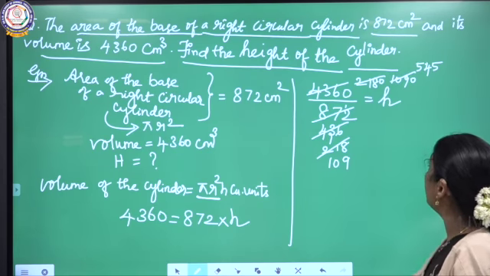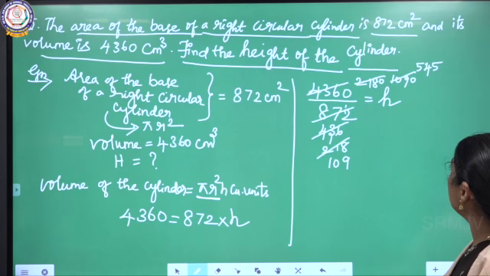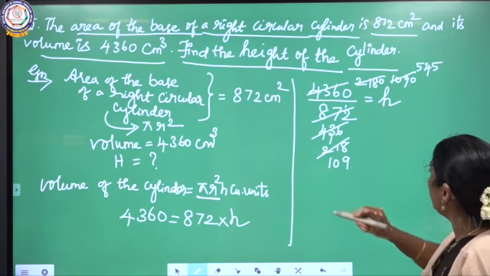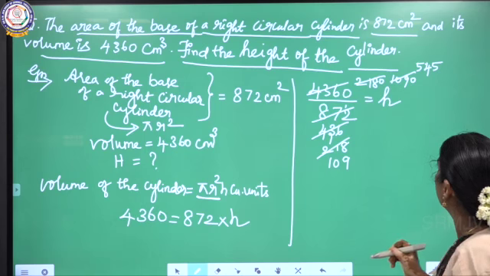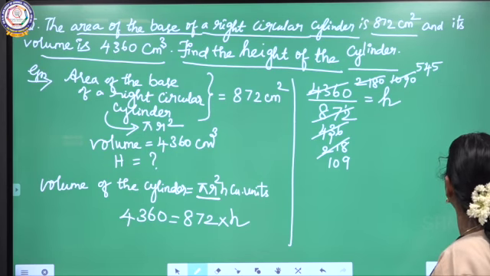0 9. See, listen. 545 and here is what? 109. 109 into 5. 5 9s are 45. 4 and what is that? 5 1s are 5.